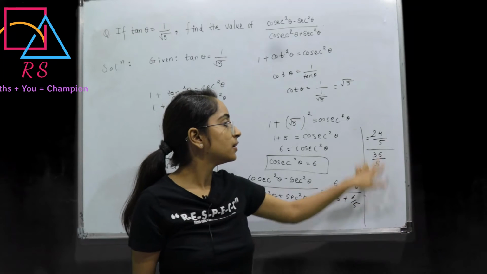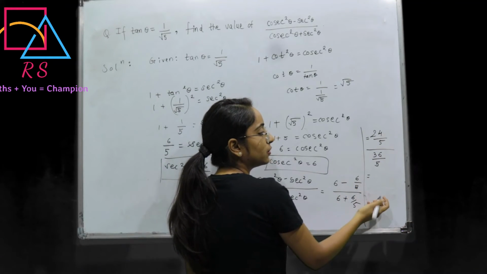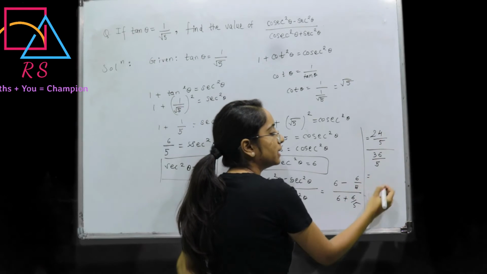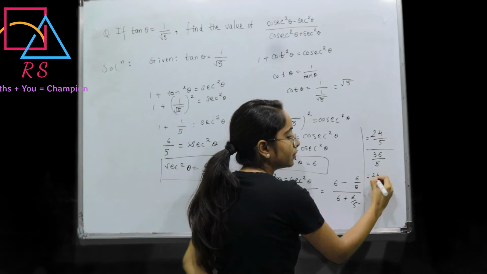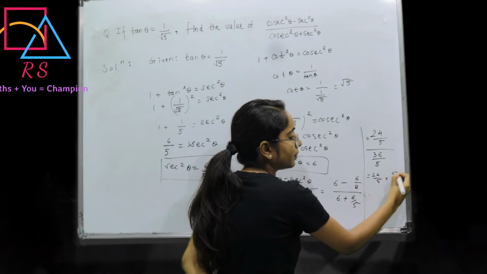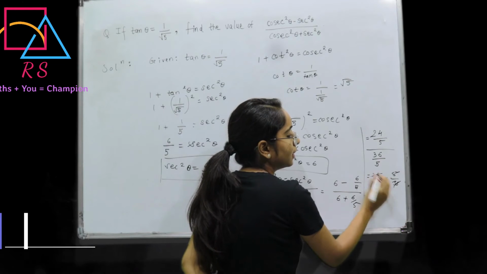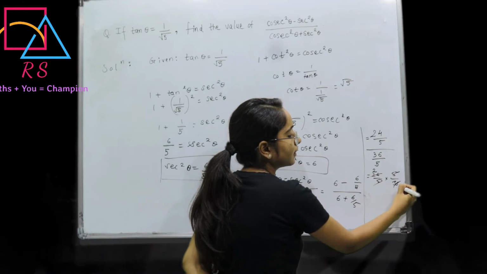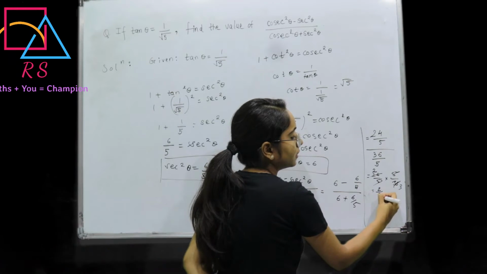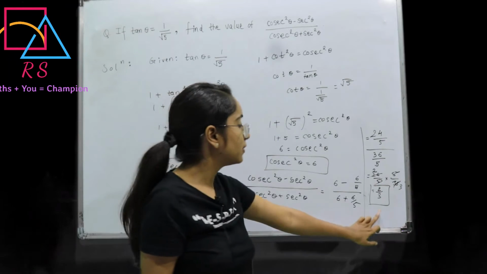Taking the reciprocal of the denominator and multiplying, we get 24 upon 5 into 5 upon 36. Here 5 will get cancelled, and in the 12 table, 24 is 2 times, 36 is 3 times. Further we obtain the final result. We get the value as 2 by 3.